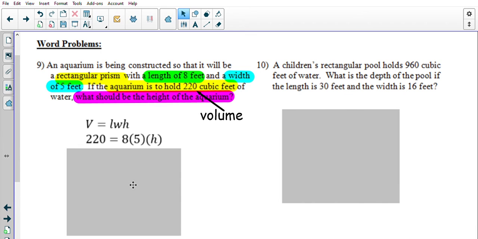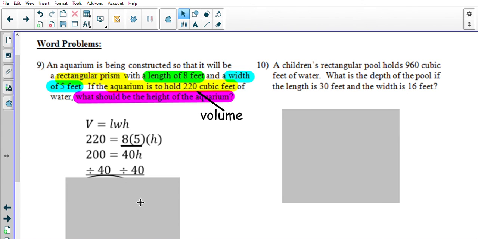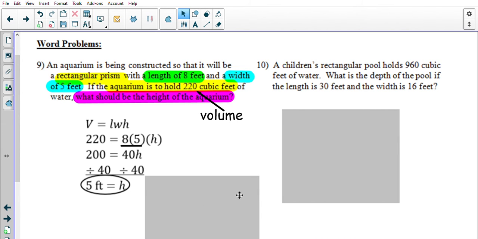Replace V with 220, replace L with 8, W with 5, and let's solve for H. First thing I would do is do 8 times 5 and figure out what that is. 8 times 5 is going to get us 40. So we get 220 equals 40H. Solve this one-step equation. We'll divide both sides by 40, and we get a height of 5 feet. So this is a really big aquarium. Kind of like when you go to Bass Pro Shops, for example, they have those huge aquariums in there with lots of fish.